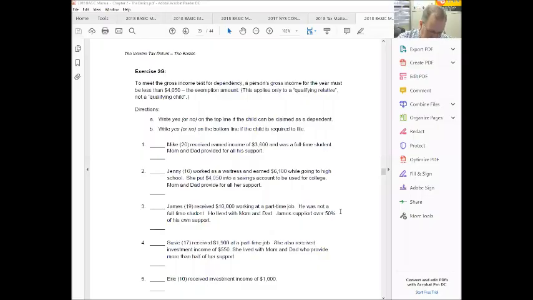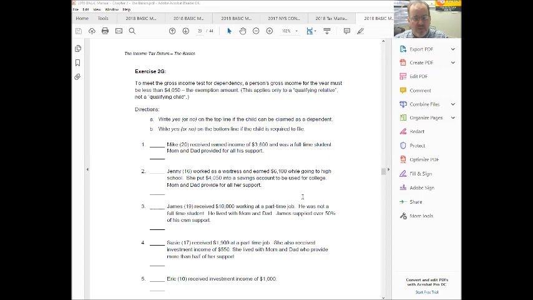Let's see, 2A, number 6. First one we had there, we had a question about 2G, number 2. On that one, it says that Jenny, 16, worked as a waitress and earned $6,100 while going to high school.